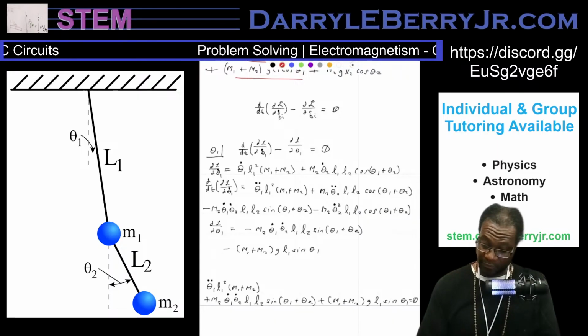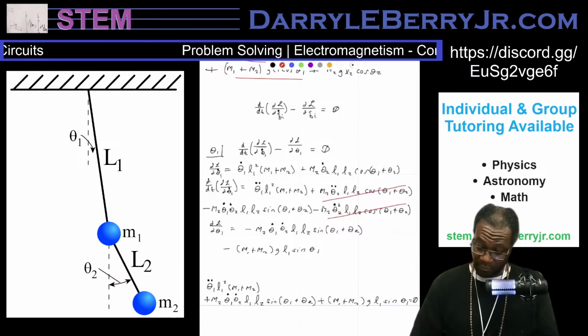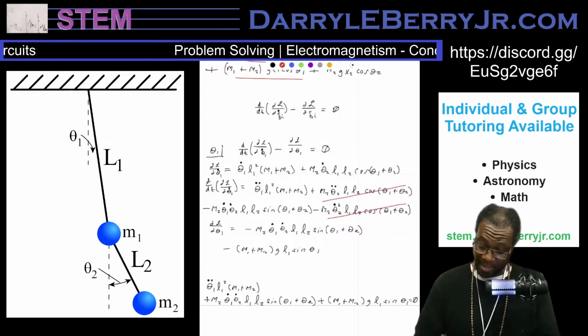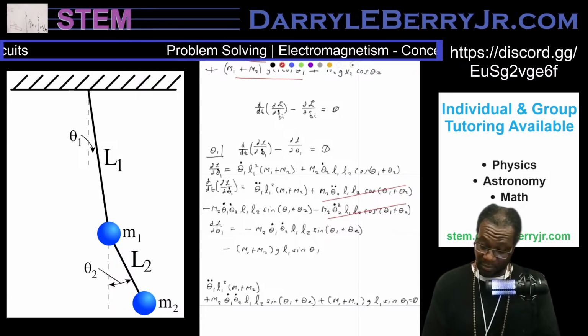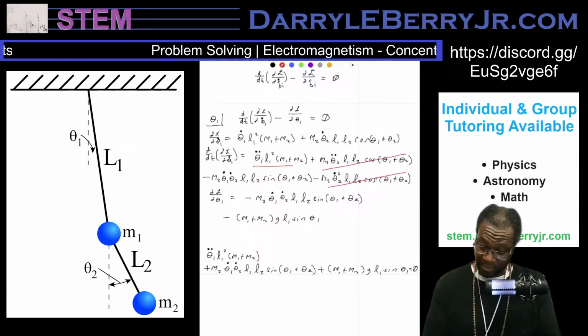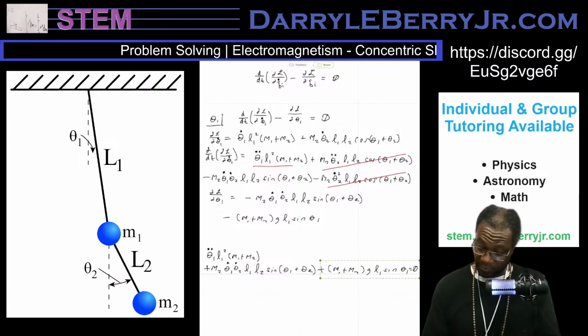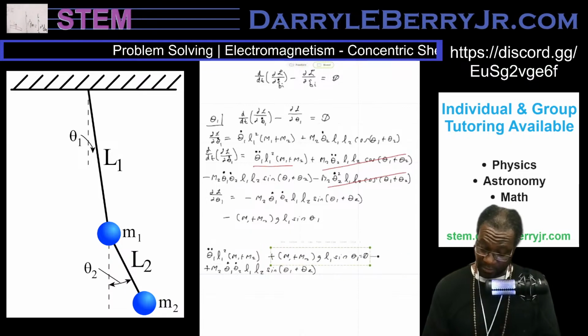This cancels right off the bat. And we see that when we subtract these two things, this stays. But it looks like these two things cancel, this one and that one. And then we're left with this one that stays.